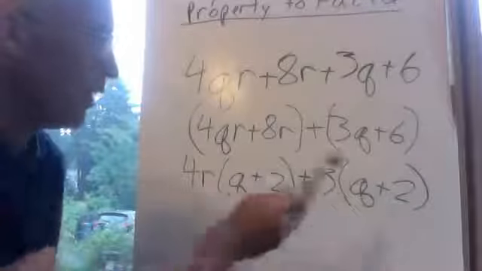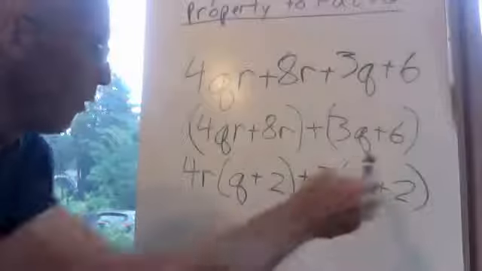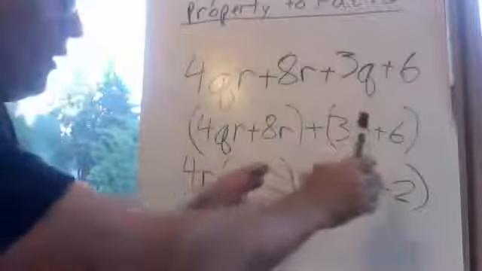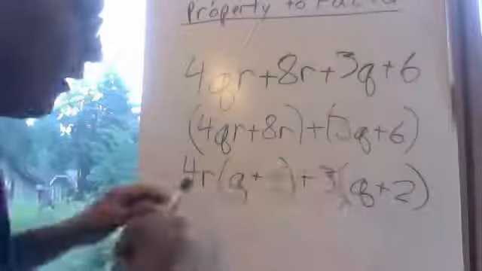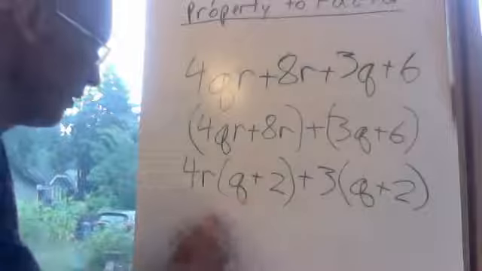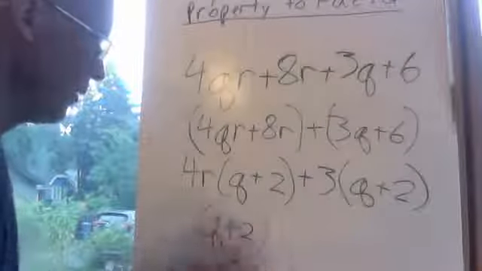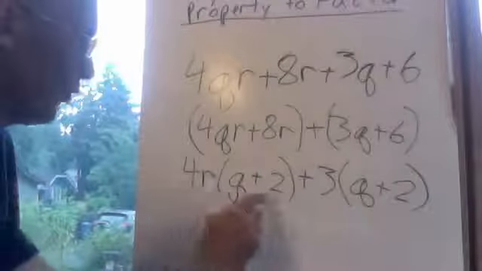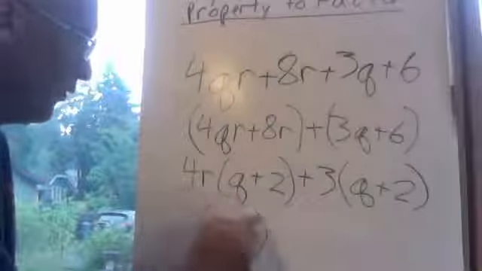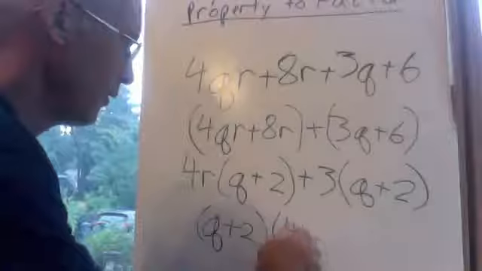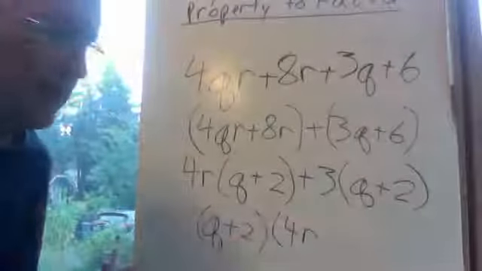This now becomes a common factor. So we're going to pull that out. It becomes Q plus 2. And when we divide this whole term by Q plus 2, it leaves us 4R.